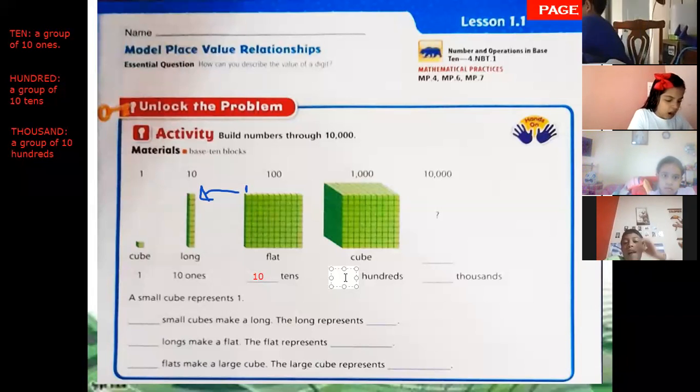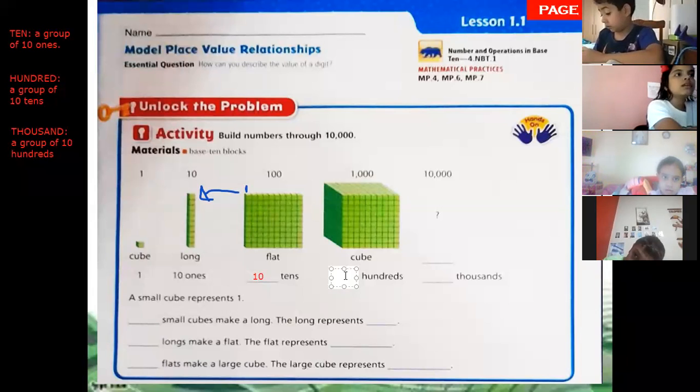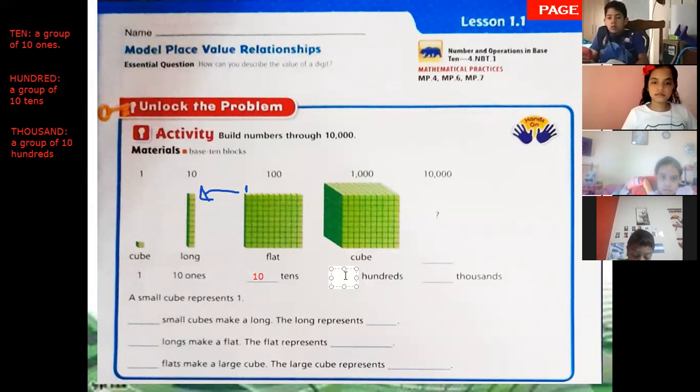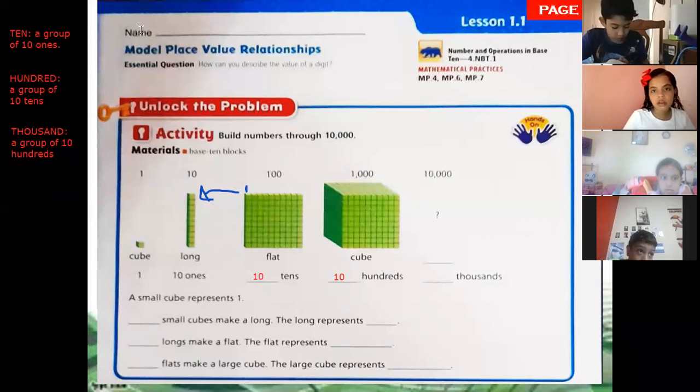Okay, so 100 has how many tens I said? Because I already mentioned that. No, it doesn't have 100 hundreds. It has 10 hundreds. Okay, 10 of these. Oh, because I am reviewing what I said yesterday.